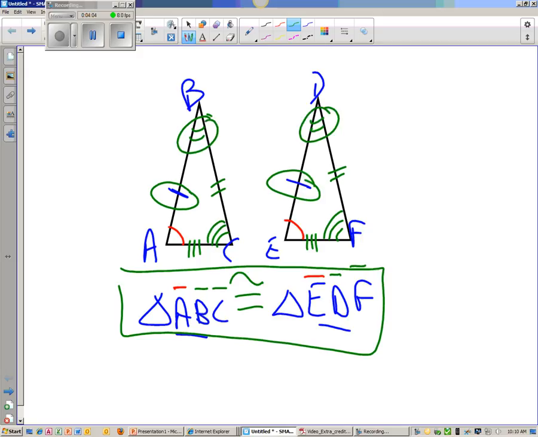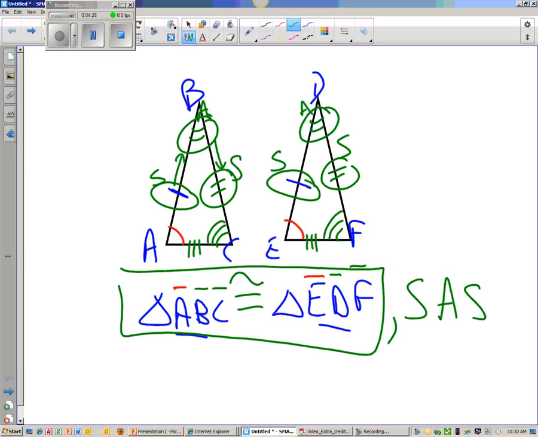If I'm going to use SAS, I have to pick 2 sides with the angle in the middle. So I go S here, A here, and then I pick this side right here, this would be S. So the congruency method that I would use to prove this would be SAS.